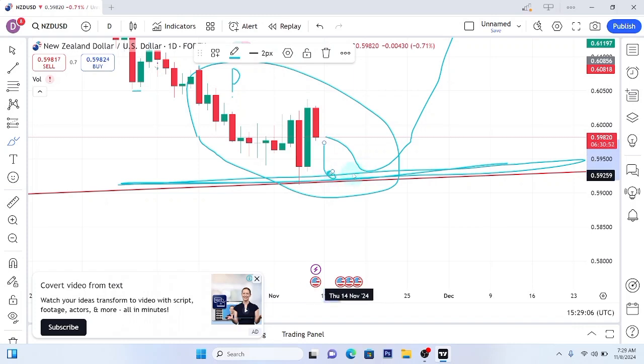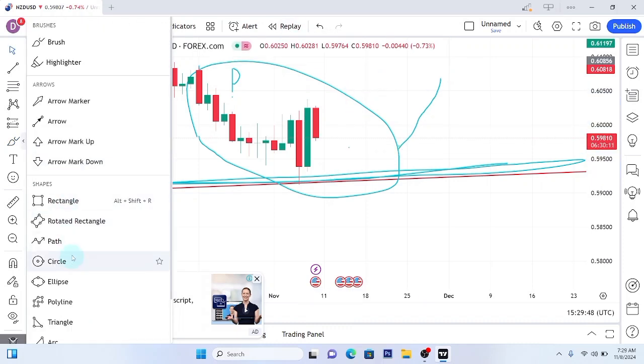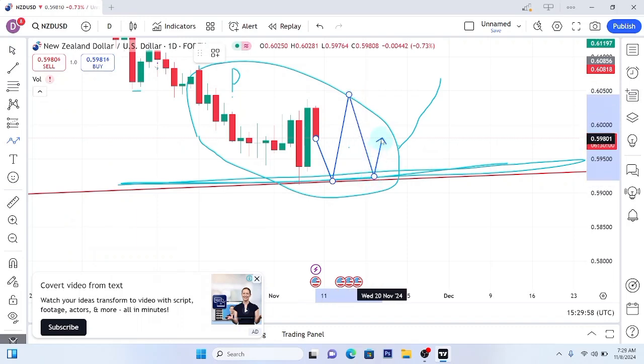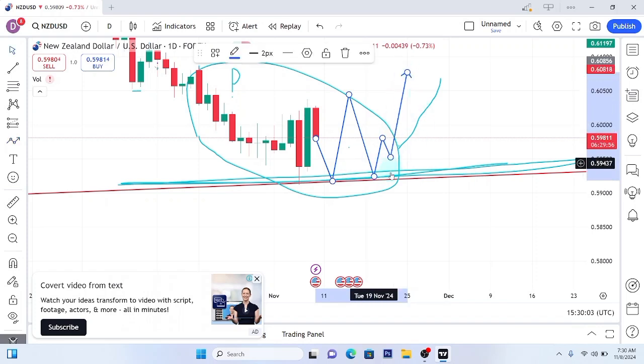Then it returns back up. Let me take this out before we take the trade. Now we watch this come here, touch, return up here, retest. Then we can pick up the trade from this point.